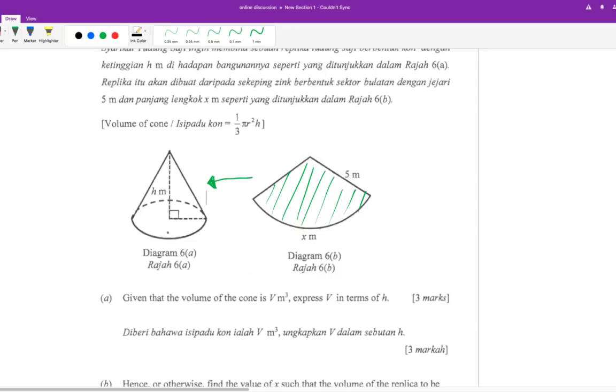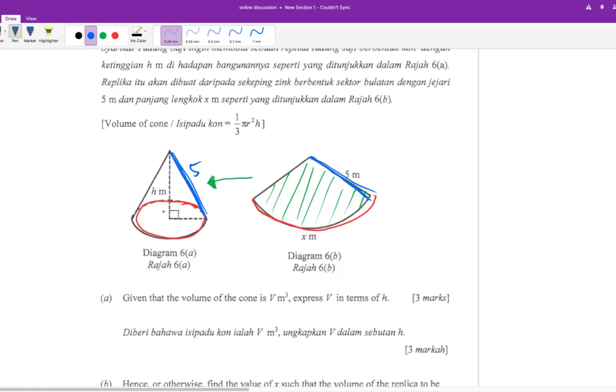If I flip this sector, the arc length will become the circumference. This is something you need to pay attention to. And the radius will become the slant height, so I know the slant height now is 5.